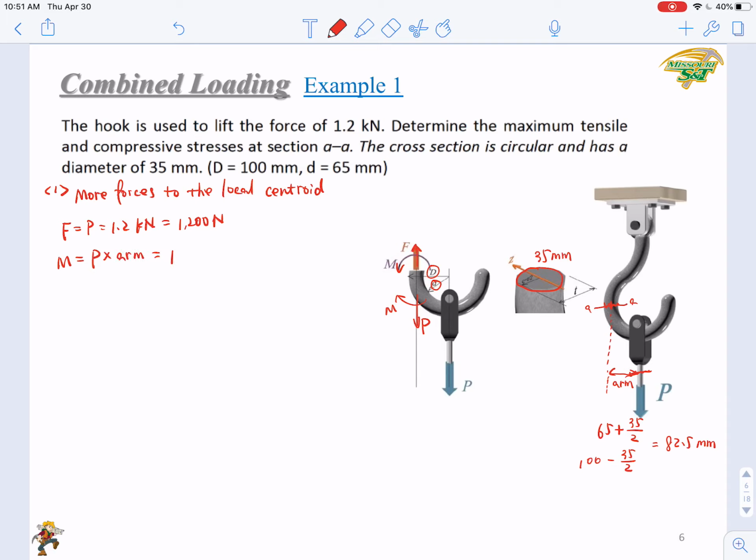That is 1,200 times 82.5. Right, you will get 99,000 Newton millimeter. Then we will calculate the section properties.